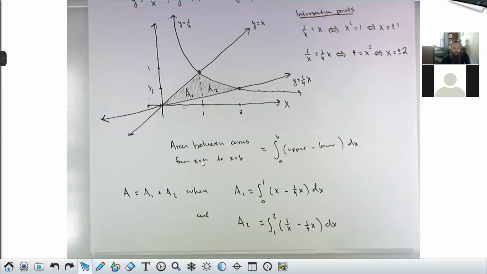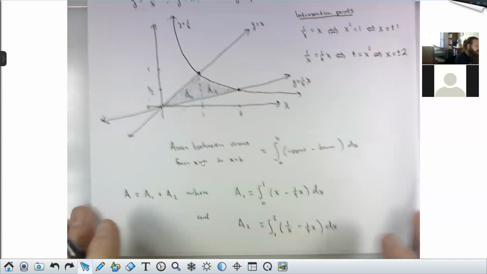Are there any questions about where either of those two integrals are coming from or what either of them represent? Okay, so let's go ahead and evaluate them. We're ready to go ahead and crunch them out. Let's do it.